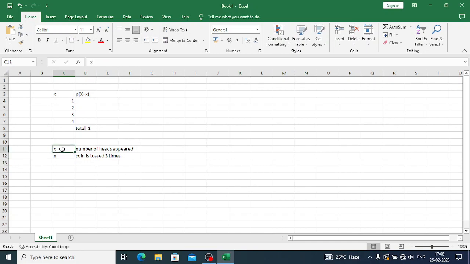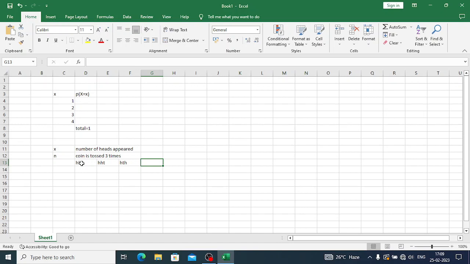If X is the number of heads appeared, and n is 3 times your coin is going to be tossed, then your sample space, that is all our outcomes, are going to be either all heads HHH, or HHT, or HTH, like that. That means total 8 outcomes we will have, and among that your number of heads in each outcome may differ from either 0, 1, 2 or 3.